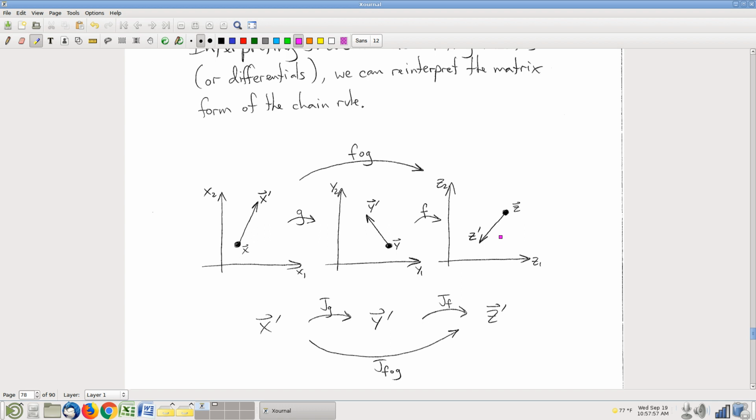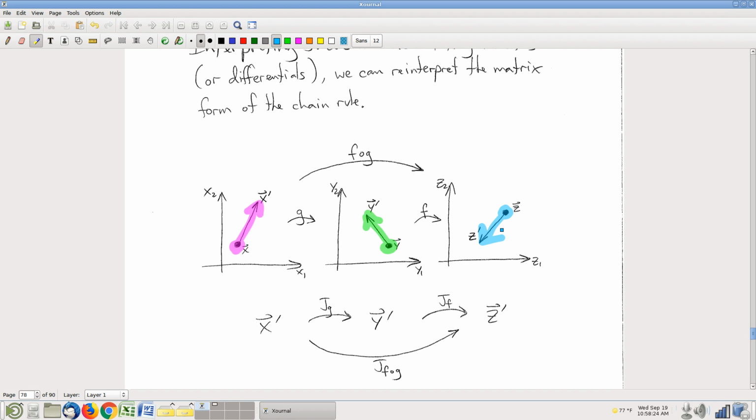Notice also, if I were here and decided to take off and start moving with some velocity, that would cause the y vector to take off and start moving with some velocity. If you move the inputs, you're going to move the outputs. So there's going to be some velocity on that y vector, and then likewise, there's going to be some corresponding velocity on the z vector.